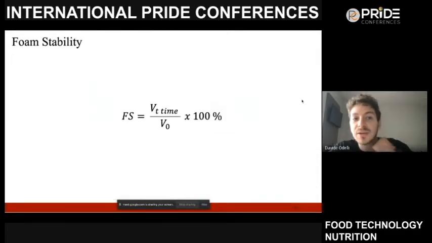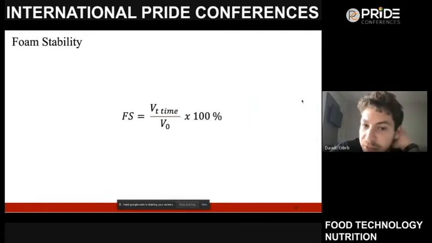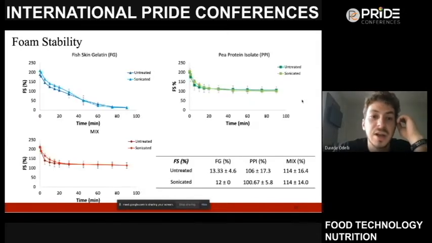The second equation considered is the foam stability, which gives us an idea of the overall stability of the system, and is described as the volume of the foam at different periods of time over the volume of the initial solution, in percentage. A period of time of 90 minutes was considered, during which the foams of all the samples were visually evaluated.